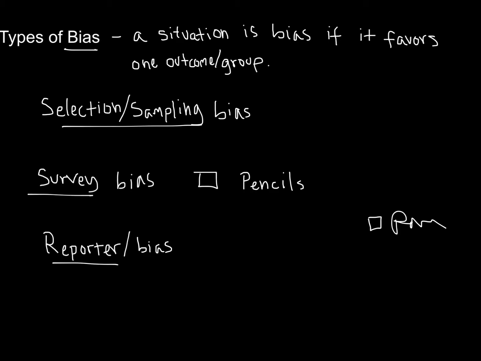And then also, reporter bias. People may be biased in their reporting of themselves. So this is something that you have to consider, right? If you are asking people a question and they might be self-conscious about one of the answers, it might cause bias.